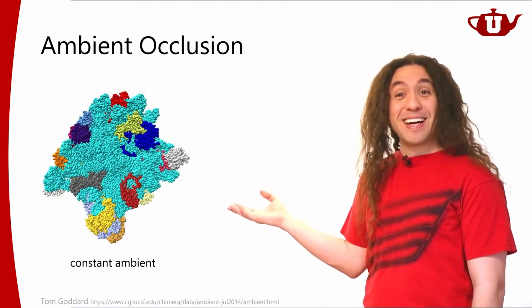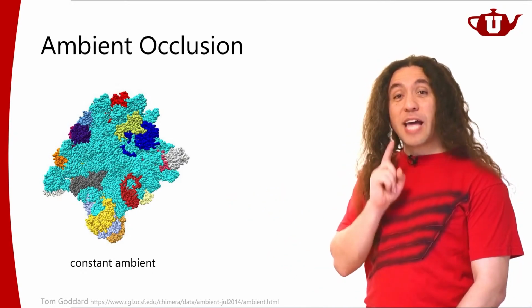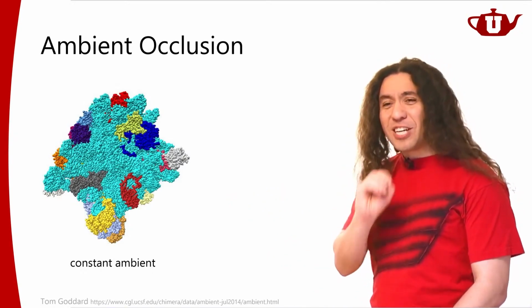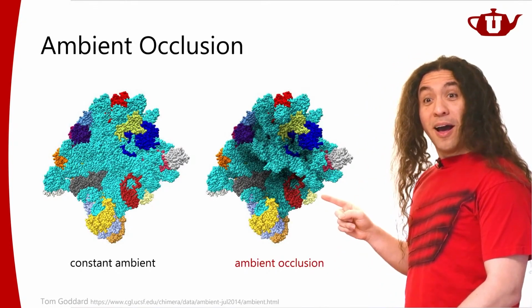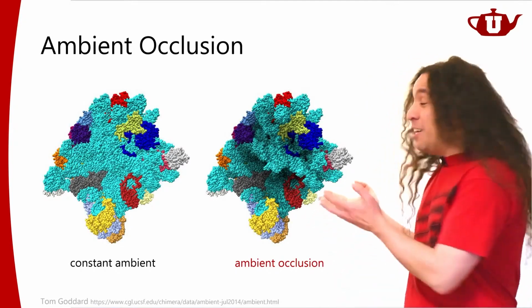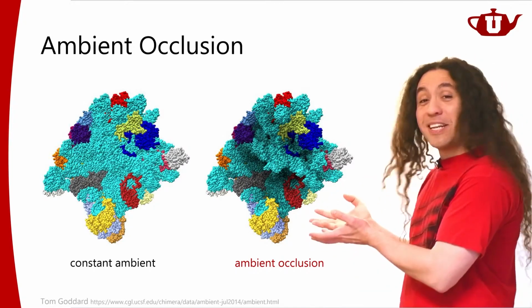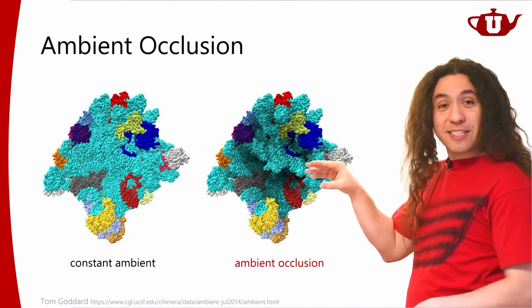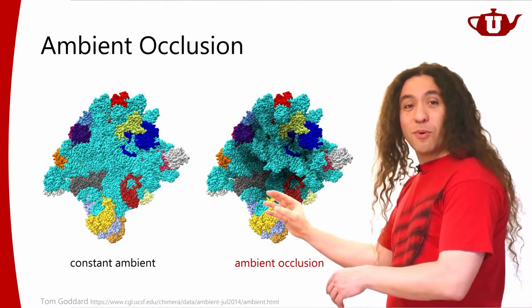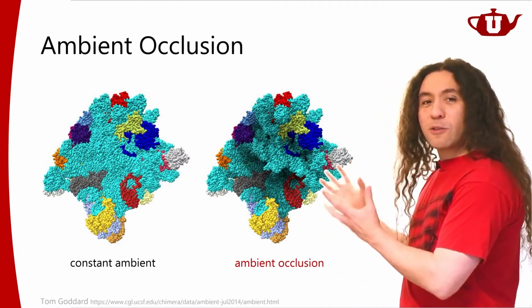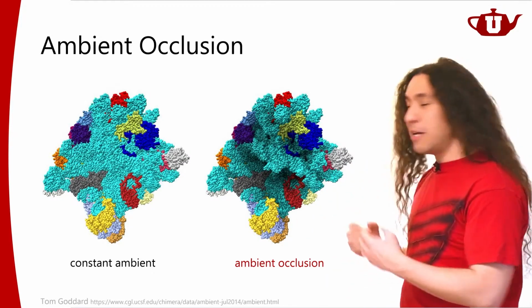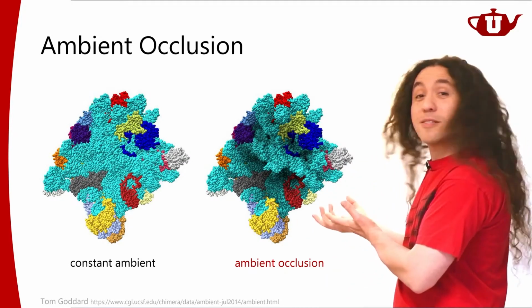But if I just add ambient occlusion, I get this. And all of a sudden, I know what it looks like, right? You can tell. Oh, there's this part that's closer to the camera. There's a hole in here. All of a sudden, this whole 3D depth information is obvious.